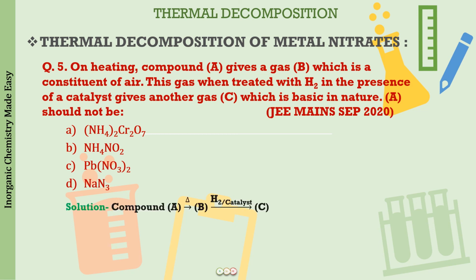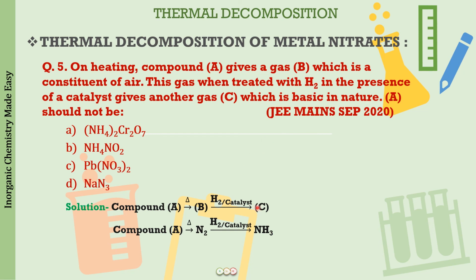But here quickly, compound A on heating is giving us a gas B, and B on reacting with hydrogen in presence of a catalyst gives C. So first of all, the compound A is giving us nitrogen, which is a component of air, which on reaction with hydrogen in presence of a catalyst gives ammonia, and ammonia is basic in nature. Okay, so this is what we have.